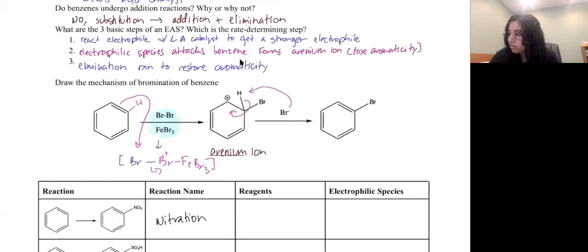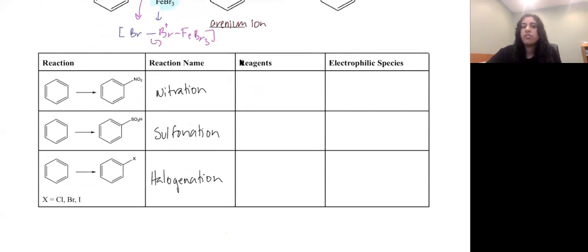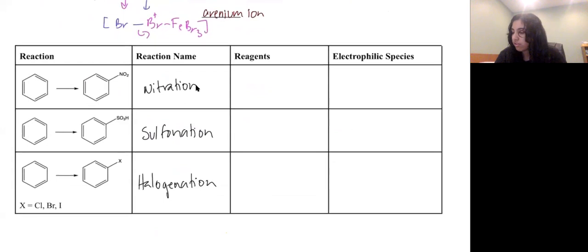Okay. So now you have this table of reactions. I filled a little bit out. It's kind of annoying to go through everything, but might as well. For the first reaction, nitration, what reagents are we using?